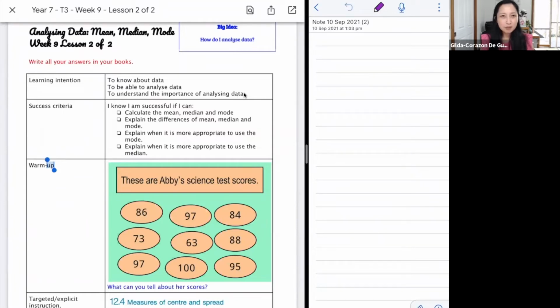But most of the time, what people would actually want to know wouldn't be the highest or the lowest, but it actually would be, what's the middle, Miss? Or most of the time, I hear the word average, right? So when we say average, we want to find out the middle, right? And this measure is what we call the measures of location, right?